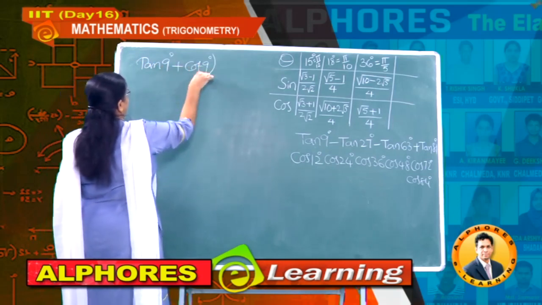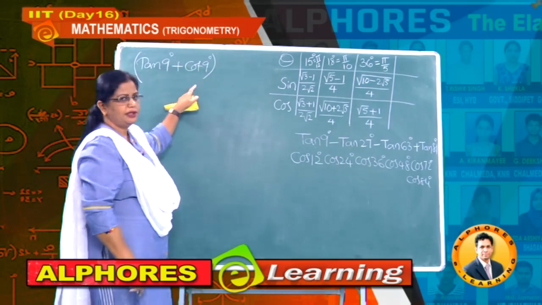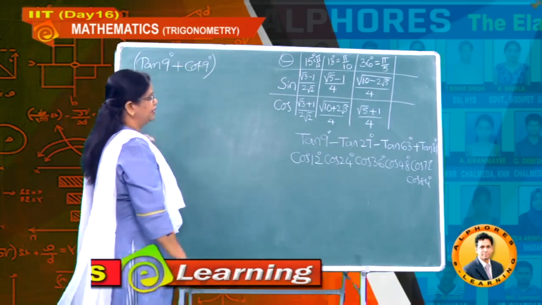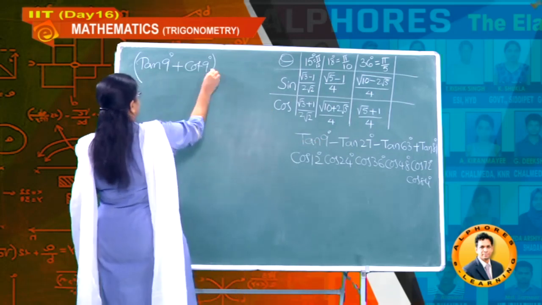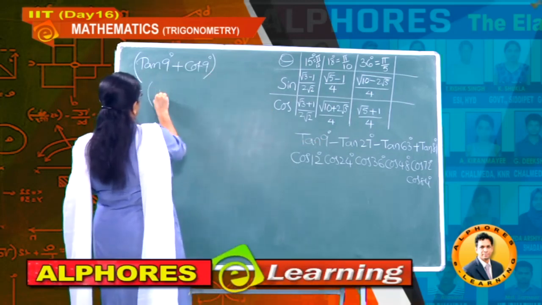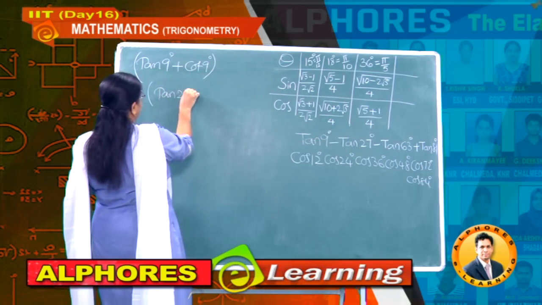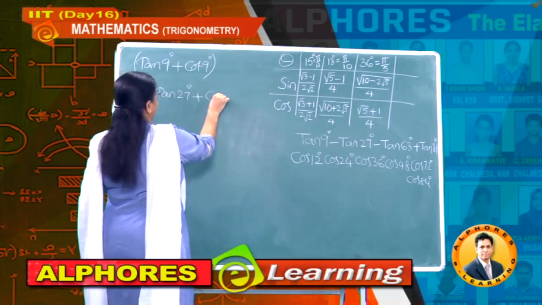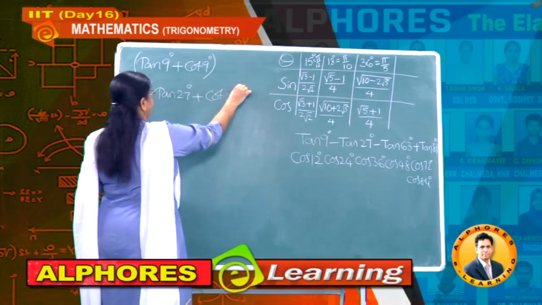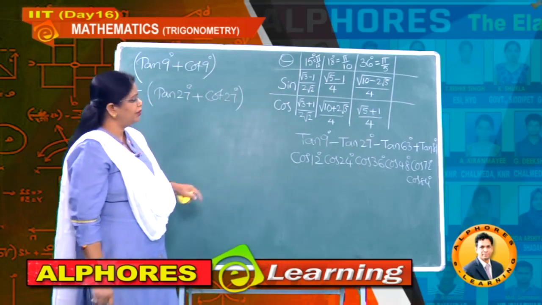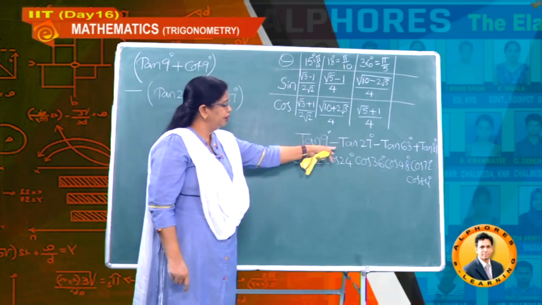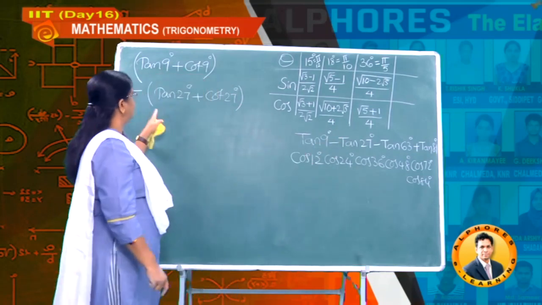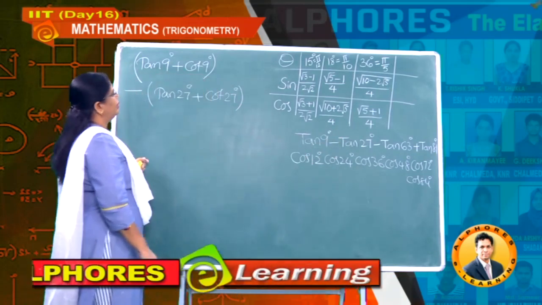From these two we take minus common, so minus, if I take common, tan 27 plus the other value, cot 27. We substituted the complementary values, first the last value and the middle two values, and taken minus common.